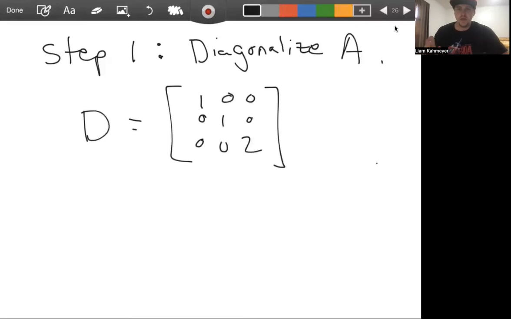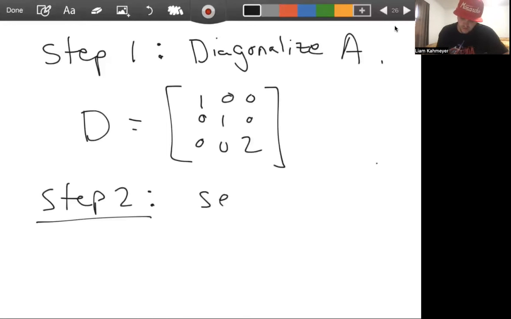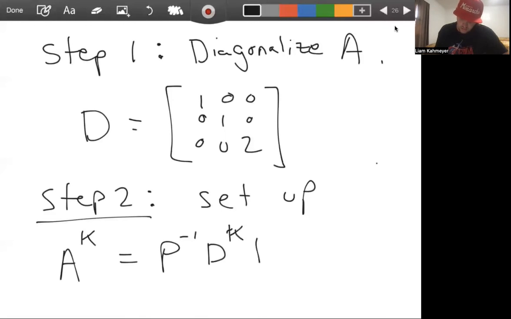Cool. Then step 2 is to set up A to the k equals P inverse D to the k P. And for us, k equals 50.